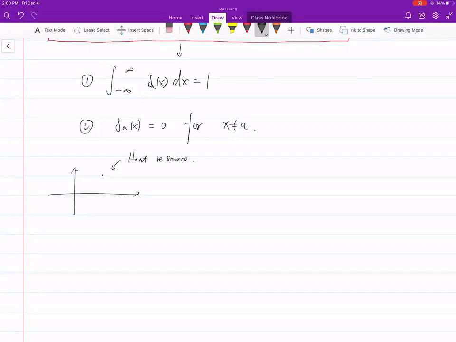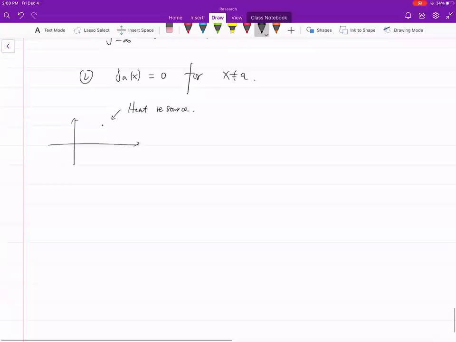Still okay? But here's the problem. Anything that you put at a point, if you do the integration, will give you 0. Make sense? The integration on a single point doesn't affect the whole integration at all. For example, if you integrate something like this, and then you remove this part and do the integration again, you get the same integration.